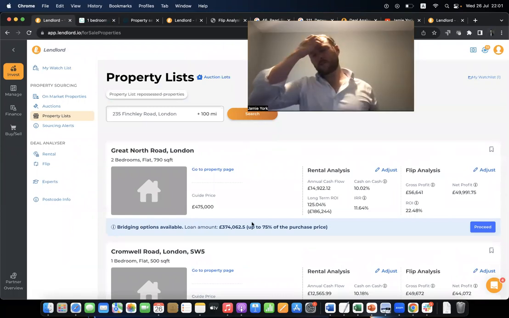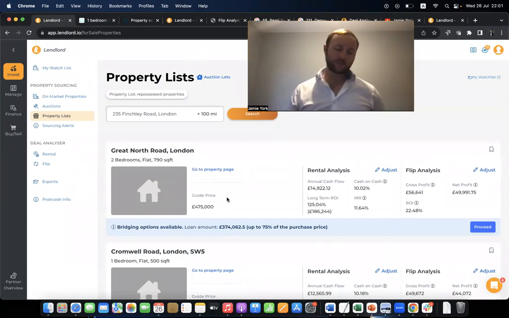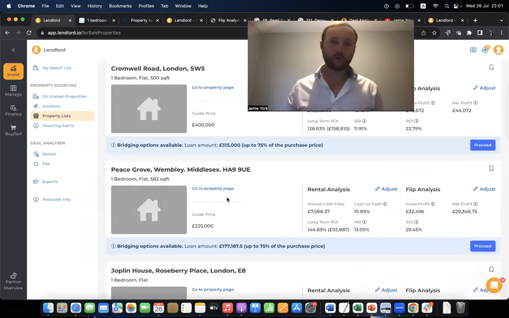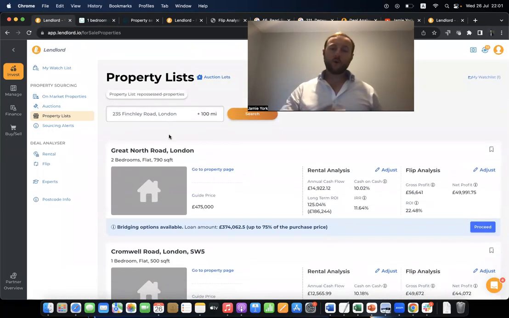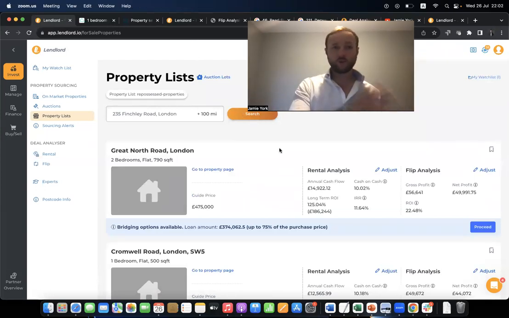When you're going for a repossessed property, you need to be buying them cash or bridging, for sure, because it's all about speed. When you get your offer accepted, you want to get it completed quickly. It's very similar to auction, but you're not locked in. They will have all of the legals already done. They could complete tomorrow if your solicitor is quick enough.